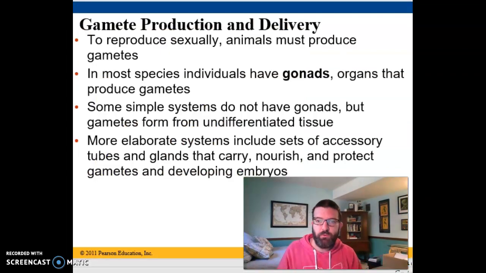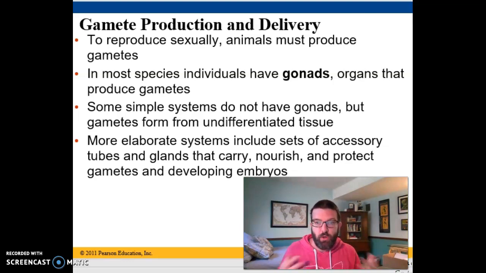But however you fertilize, whether it's externally or internally, in order to reproduce sexually, you have to have gametes. And generally those gametes are made by specialized organs called gonads. Male gonads are typically called testes, and female gonads are typically called ovaries.